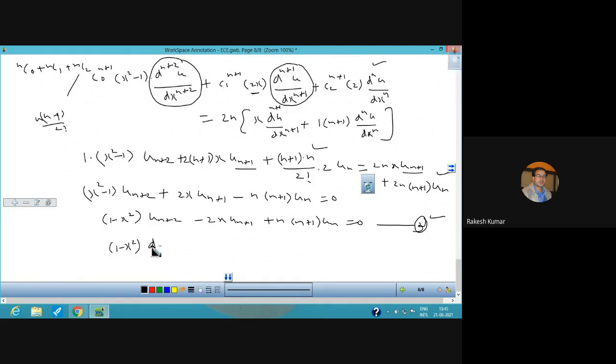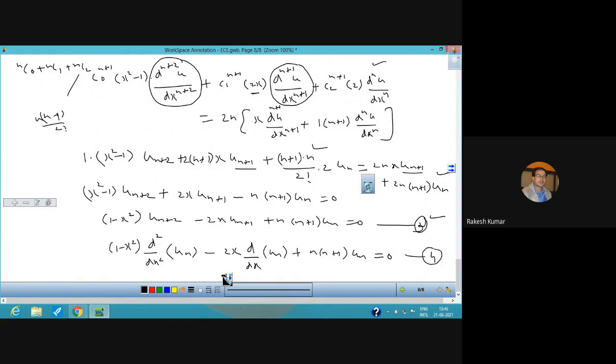This is mean the second order derivative with respect to x of un. अब un की फॉर्म में लिख रहे हैं डी डी एक्स ऑफ un, तभी वो n plus 1 बन जाएगा, and that will be the term plus n into n plus 1 into un is equal to 0. Now name it as equation number 4.